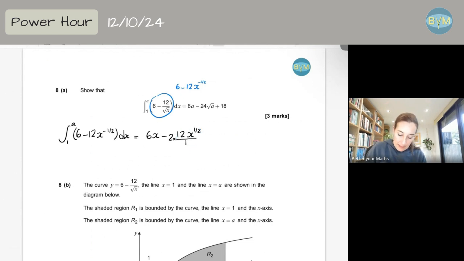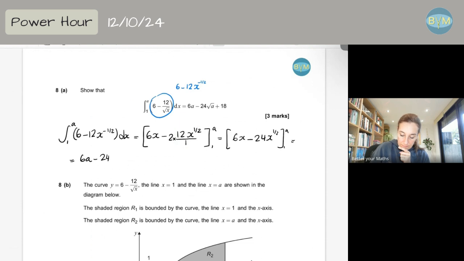And then between 1 and a, I substitute the a. And I substitute the 1. Minus minus 18 becomes positive 18.